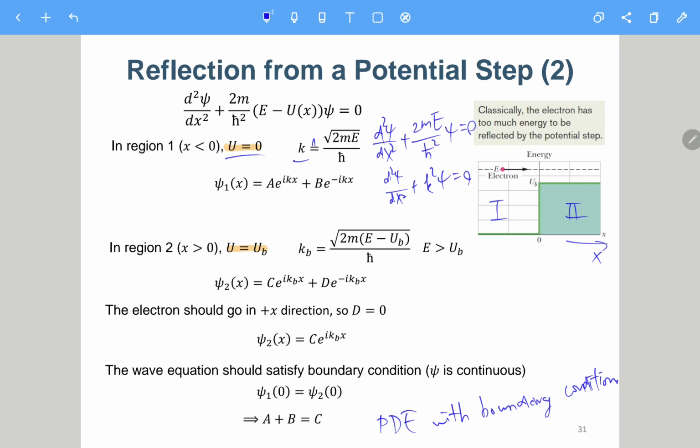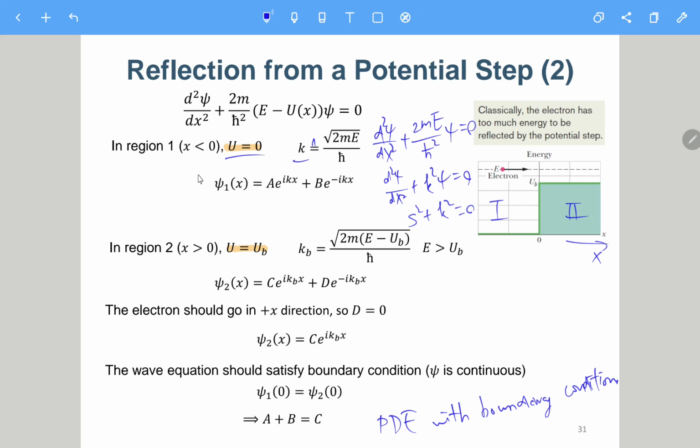And then when you solve this one, you can write s squared plus k squared equals 0. So s equals plus or minus jk, or ik. So we have a times exponential to ikx plus b times exponential to negative ikx.